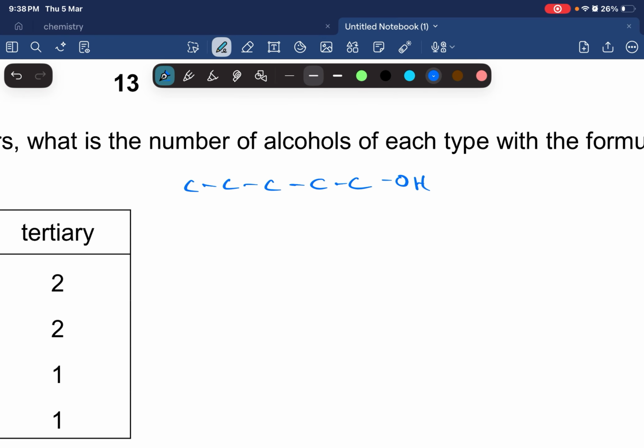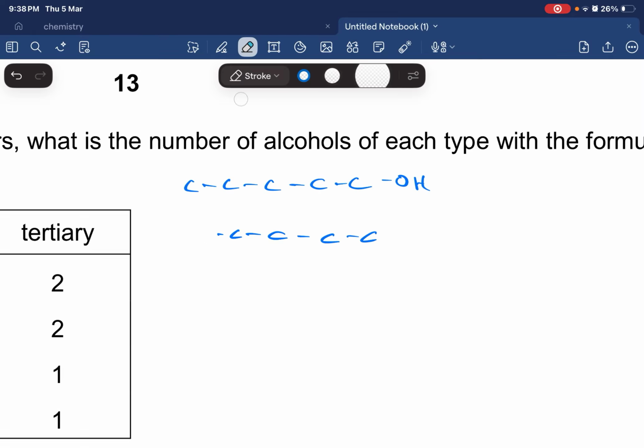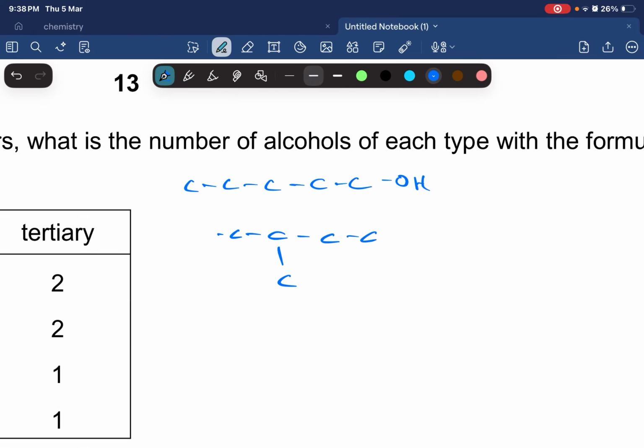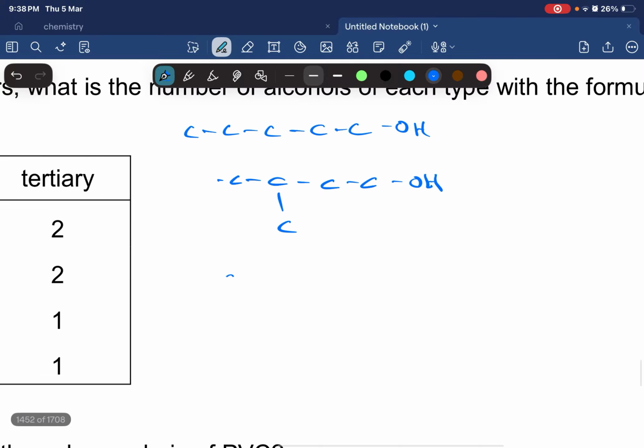OH here. Okay, that's pentan-1-ol. Then carbon, carbon, carbon, carbon, carbon, 1, 2, 3, 4, 5. Just take away one carbon and add a branch here, and that's also a pentanol. Then carbon, carbon, carbon, carbon, OH, add a branch here.